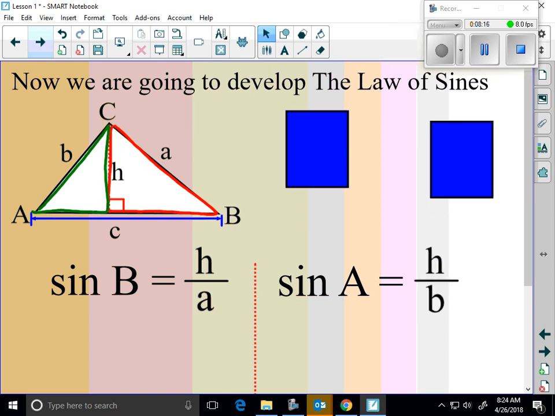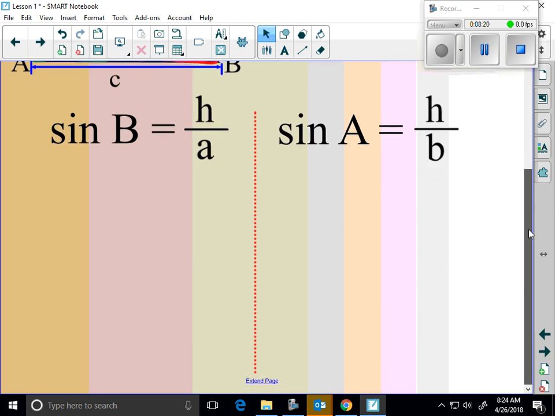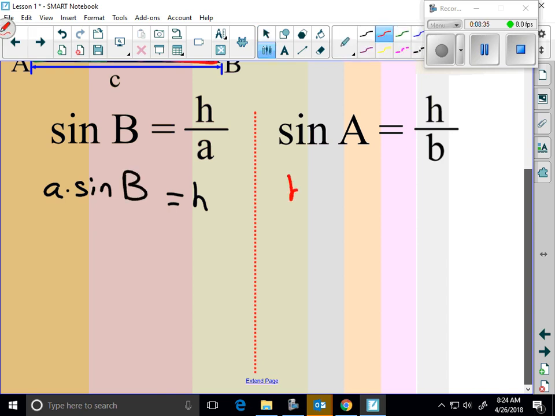H over B. Okay, what do both of these have in common? An H. So let's solve for H. If I solve for H over here, I'd get A times the sine of B. If I solve for H over here, I'd get B times the sine of A.